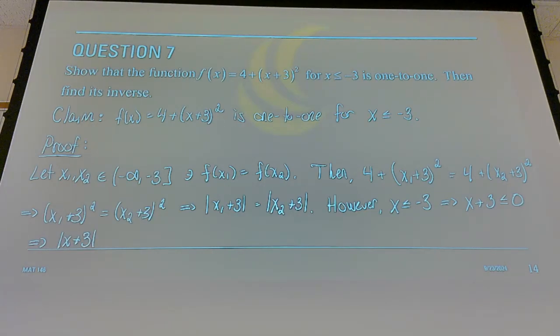So if we take the absolute value of x plus 3, where we know that x plus 3 is non-positive, that would have to be the negative of x plus 3.